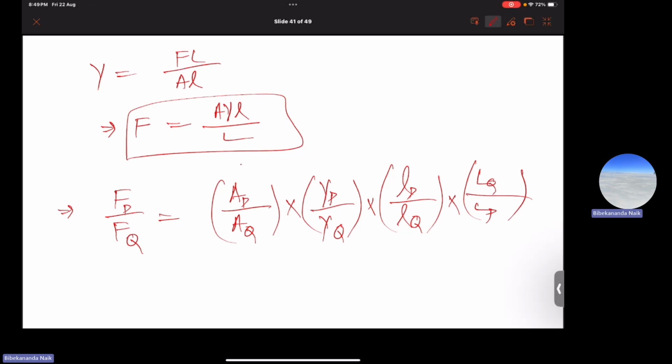So Y_P by Y_Q is 1 because Y is the same, and the elongation is the same, so this is also 1 because the elongation is the same, and the length and radius are different.